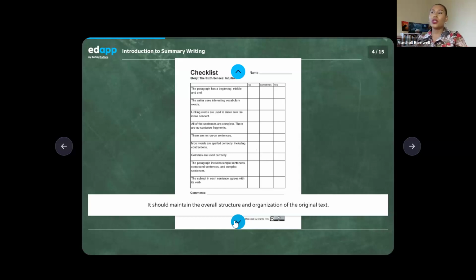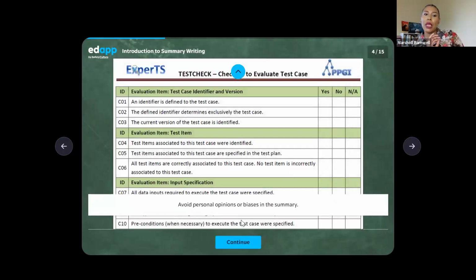I am not supposed to try to be diplomatic in how I present the information. I can maintain the tone without injecting my own ridicule or my own condescension. I can maintain the same tone and mood as was presented by the original author in the original piece. It is not my job to change that. So the structure and the organization of the original text must be maintained.